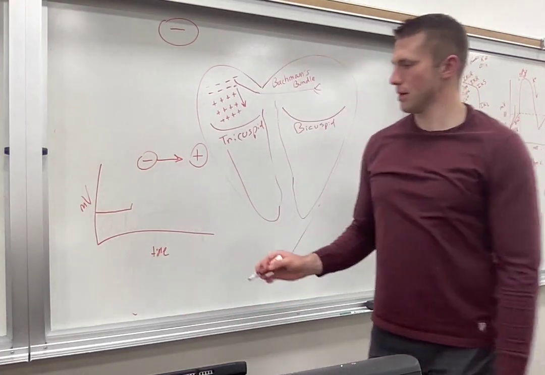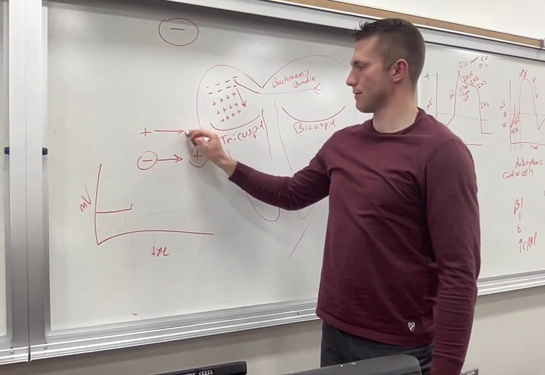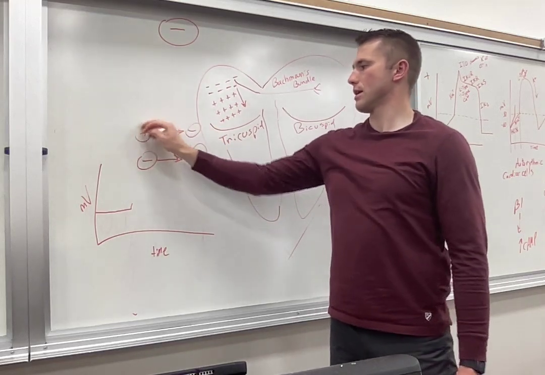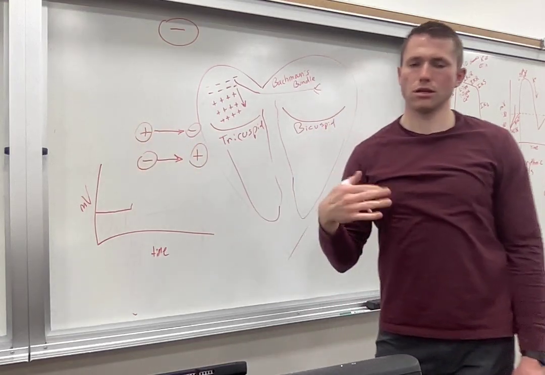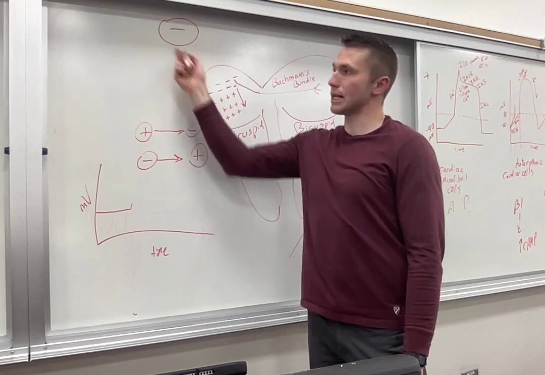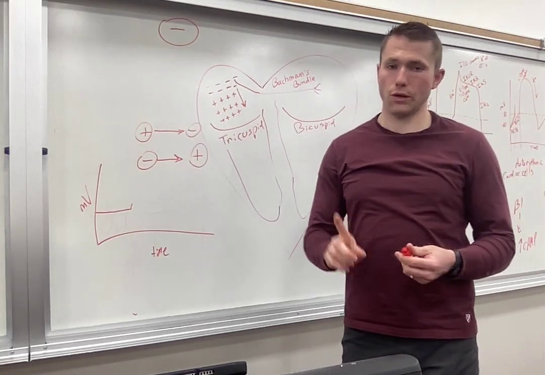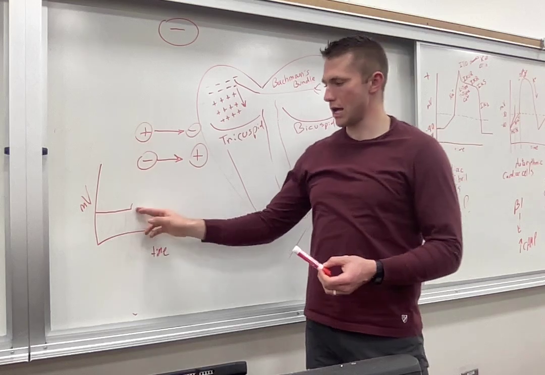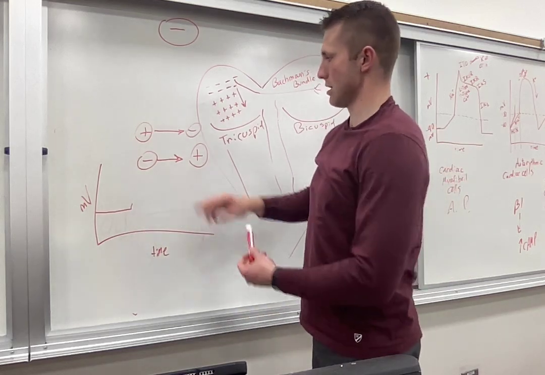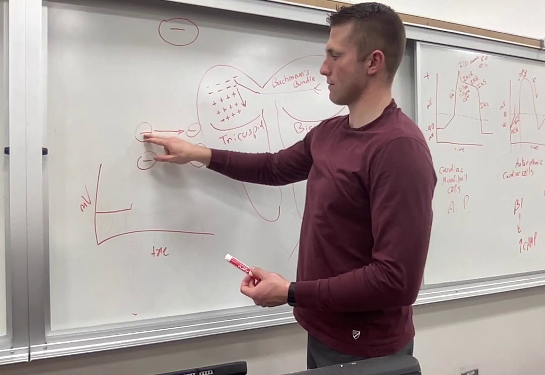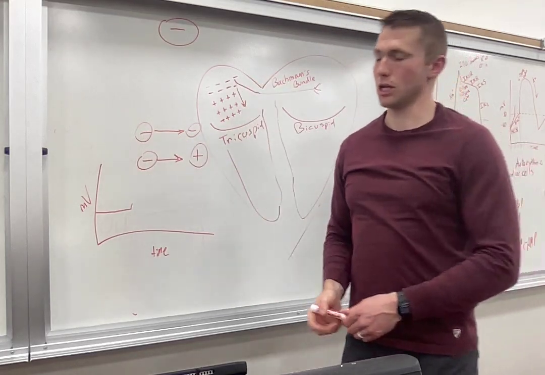So anytime, even if it's a positive going towards a negative, right? A positive influence or electric field traveling towards a negative electrode, we're going to call it going up. We're going to show that it's going up on the ECG. So that's just standardized. Well, what if it's going a negative to a negative? We're going to show that as going down on the ECG.